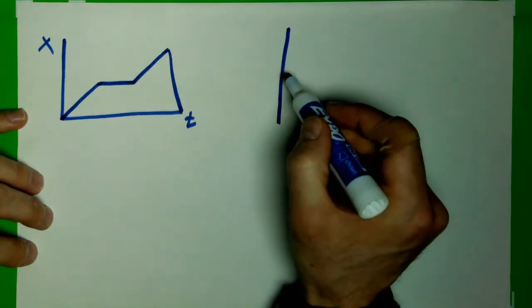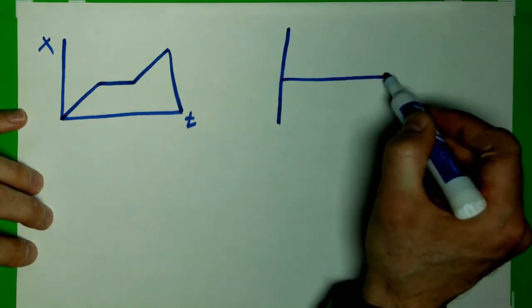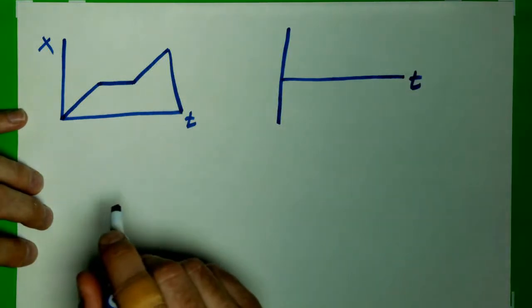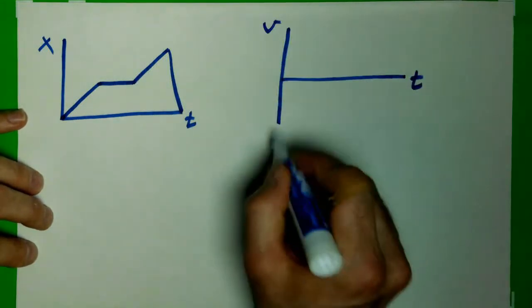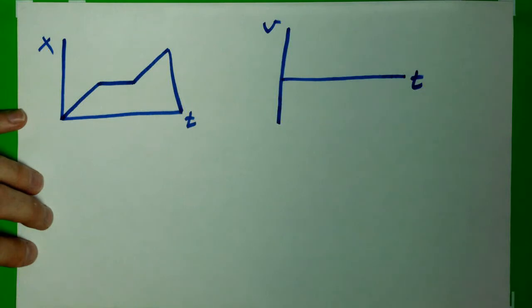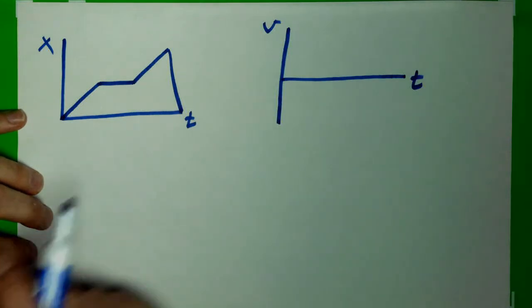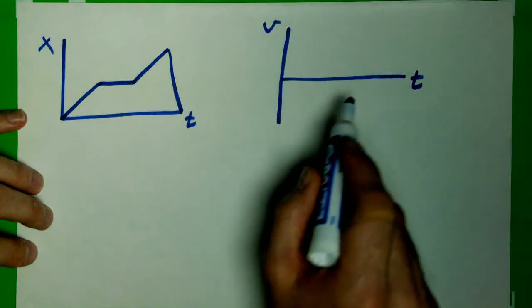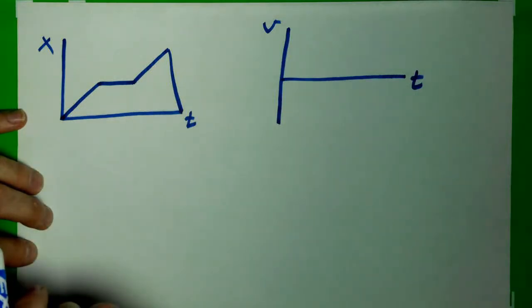Okay, and I'm going to reveal that we have to be a little careful with our values by having both positive and negative available for my velocity. So with this position versus time curve, can we describe what the velocity versus time curve is going to be?